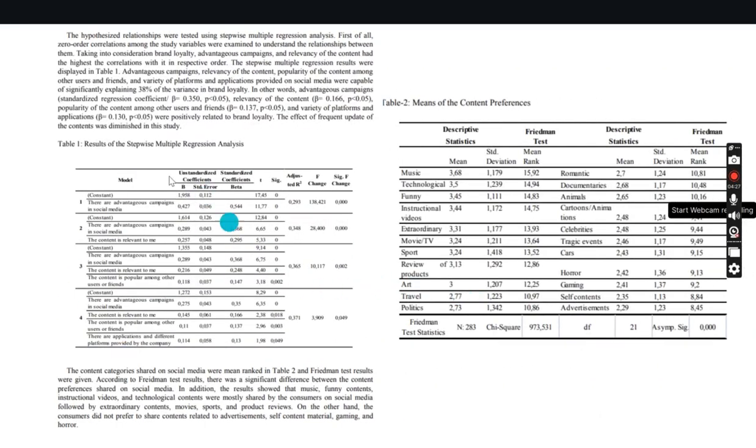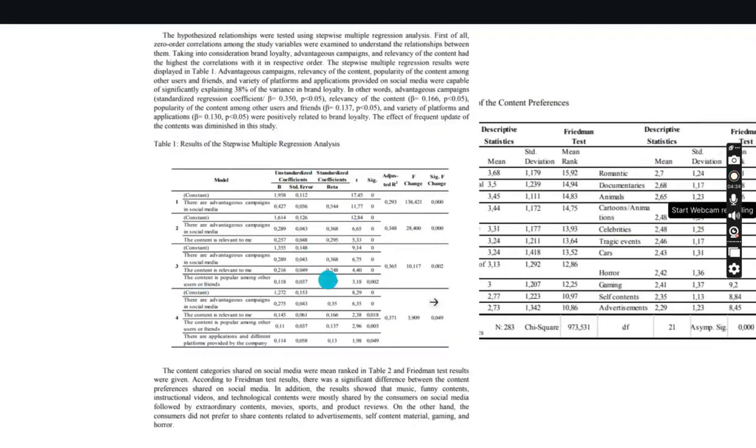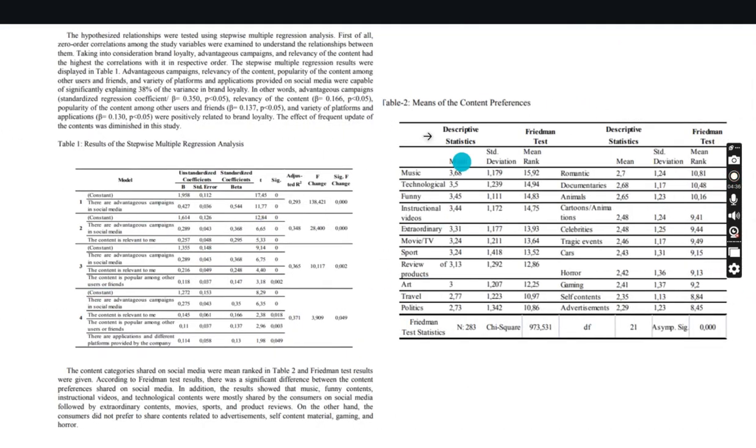Here is the example, as you can see here. Let me go back. Subsection for thematic analysis. Here, as you can see, there is a lot of mathematics. That means this is a very, very quantitative journal.